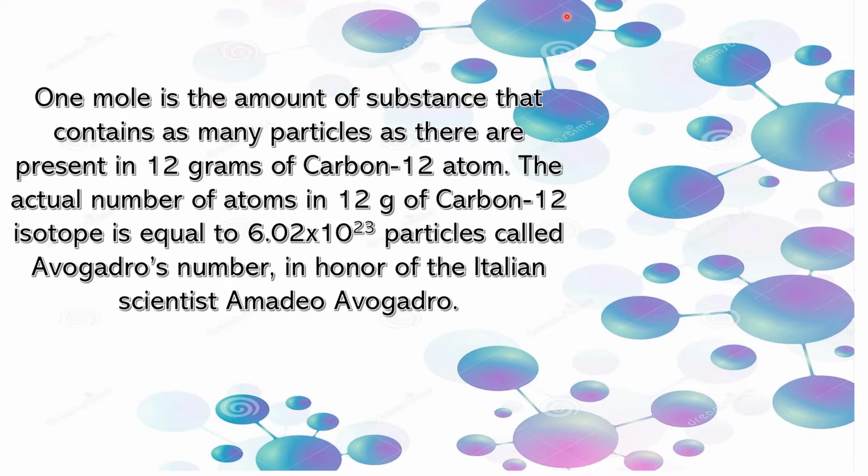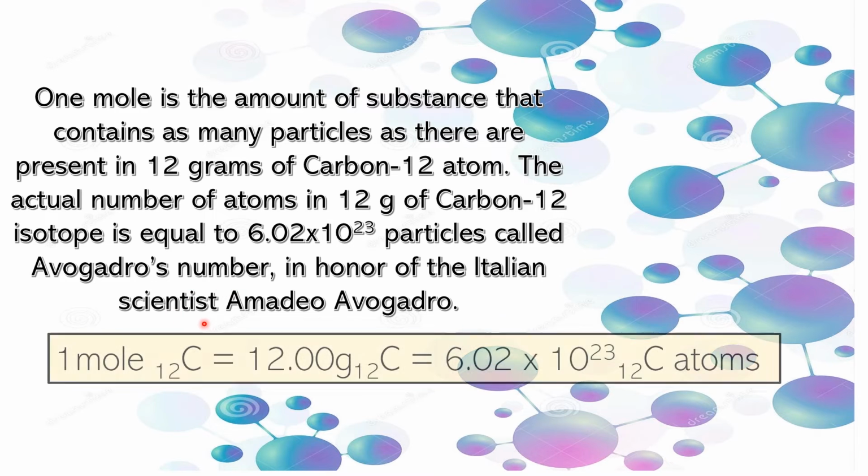It is also important to note that 1 mole is the amount of substance that contains as many particles as there are present in 12 grams of carbon-12 atom. The actual number of atoms in 12 grams of carbon-12 isotope is equal to 6.02 times 10 raised to the 23rd power particles called the Avogadro's number, in honor of the Italian scientist Amedeo Avogadro.